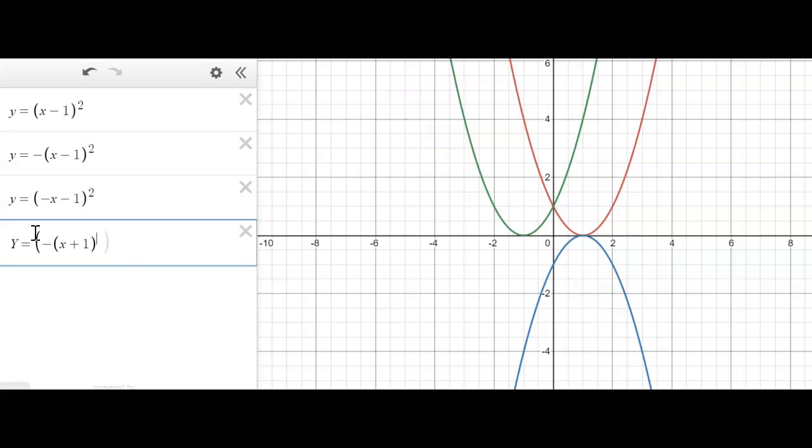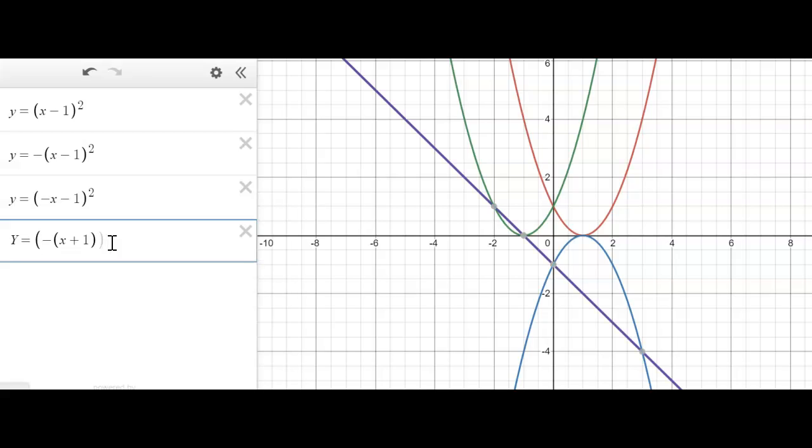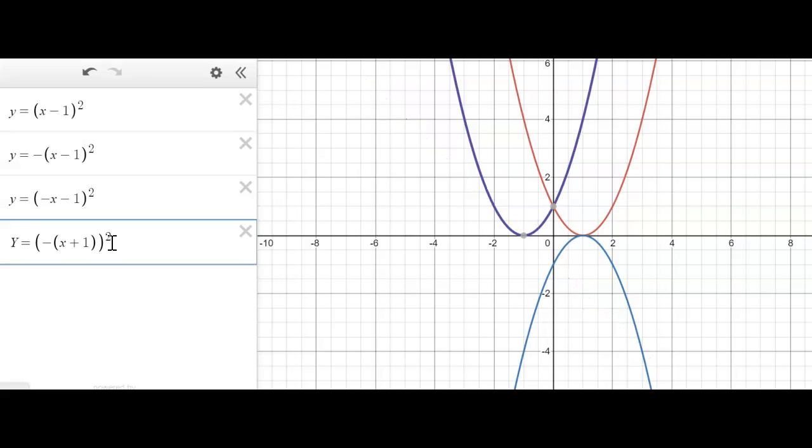Oops, what am I doing? I keep writing the wrong thing. And I just noticed I put the squared on the wrong part, so the square should actually go in another bracket to the power of 2. There we go. So you can see the purple and the green, the same graph. The only thing is it's easier to see the transformations if you're taking that negative sign out.